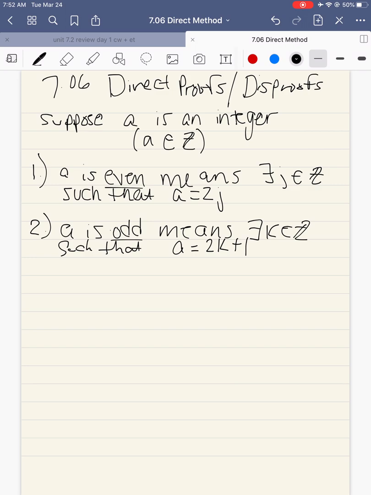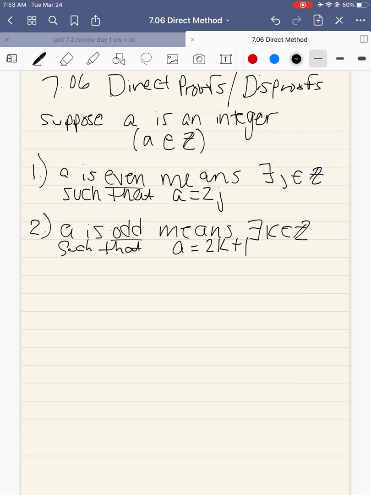So if a is an odd number, then technically we could subtract 1 from a if we were to solve for k, and once we subtract 1 from a, then a would be divisible by 2. Since we alternate between even and odd throughout our integer system, if we subtract 1 from an odd number, it automatically bumps us down to an even number. So that's where these definitions come into play.